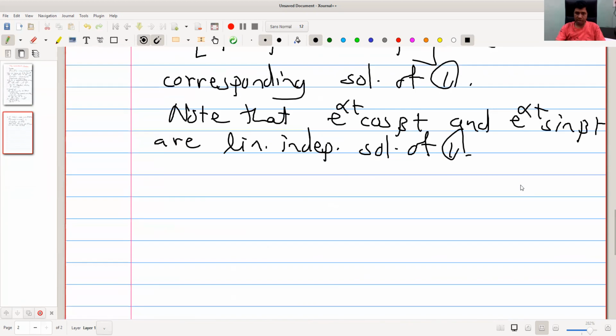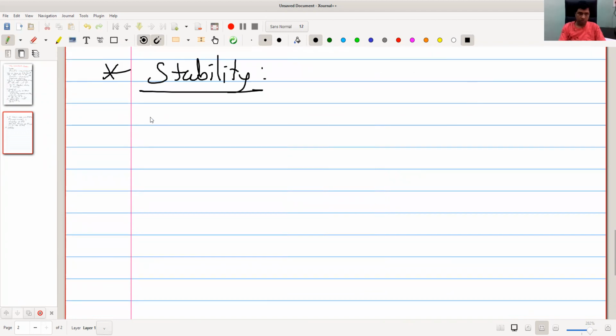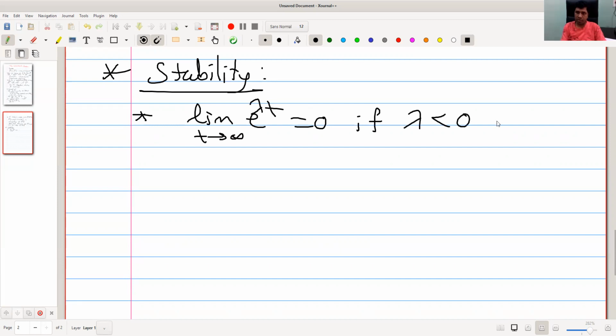Now about stability. So we should know some basic things. Limit as t tends to infinity of e raised to lambda t will be 0 if lambda is negative.